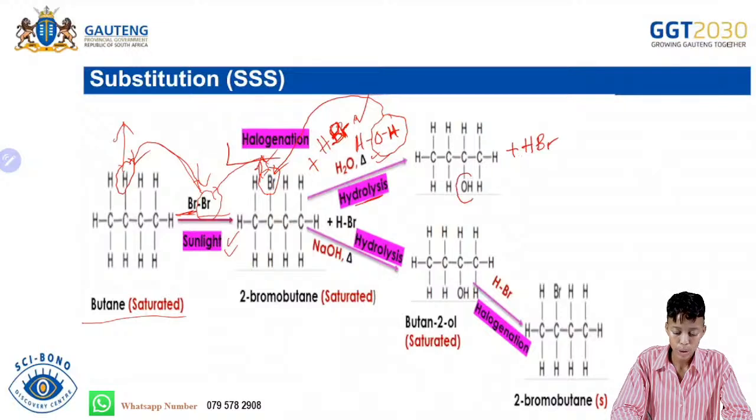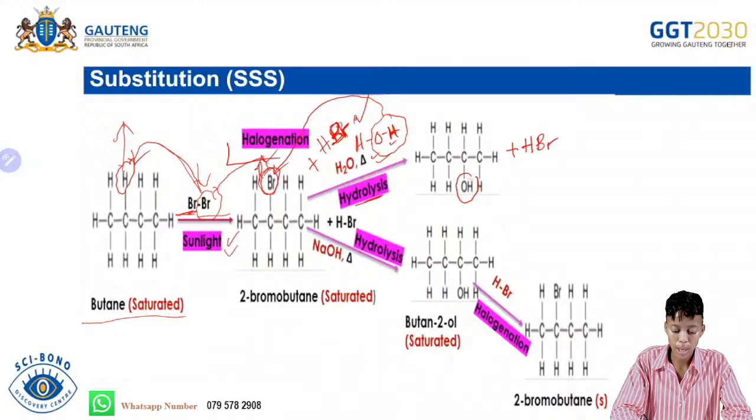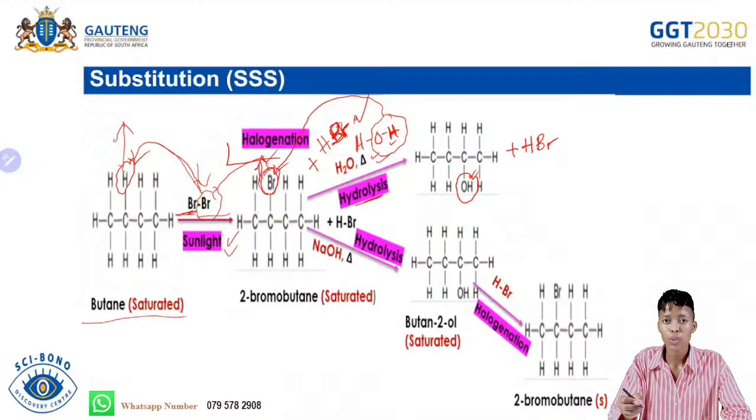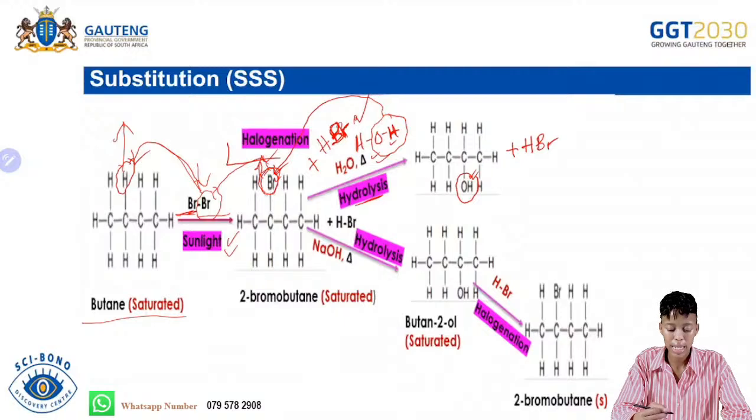So what is it that you did there? You substituted your Br with your OH. And where is that OH going to be substituted? It is going to be substituted by carbon number 2. So even if it can be carbon number 2 from the left hand side, it does not matter, as long as it's going to be on position number 2.